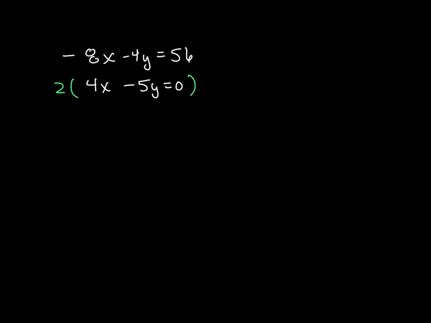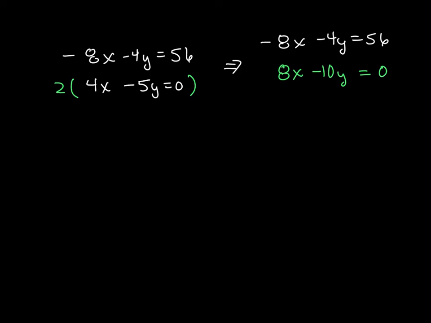And when I do that, I'm just going to write both of them over. I'm going to rewrite my first equation, which is negative 8x minus 4y is equal to 56. And when I multiply the second equation through by that 2, again, make sure you multiply it times all of the pieces. That leaves me with a positive 8x minus 10y, and 0 times 2 is just 0.